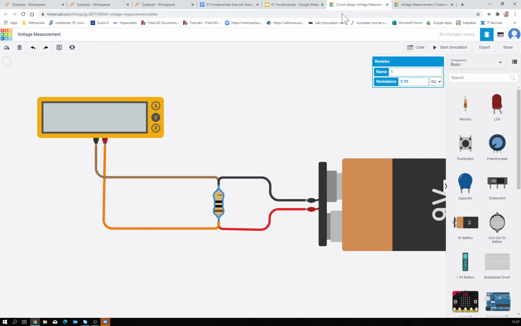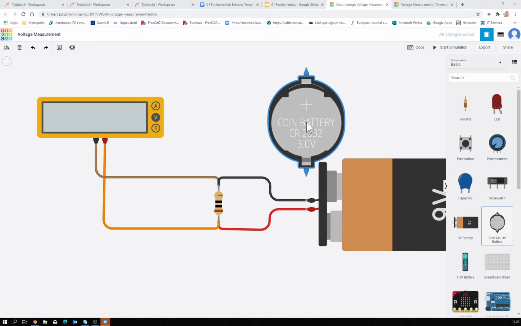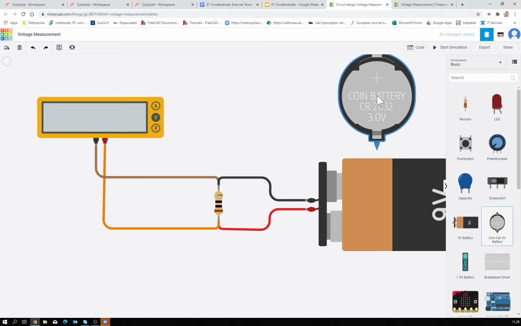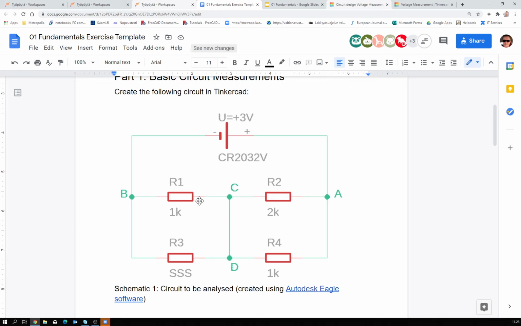Okay, so that's the battery you will be using, CR2032, but not in here, in your own design. Then there are 4 resistors, and you would connect them accordingly.